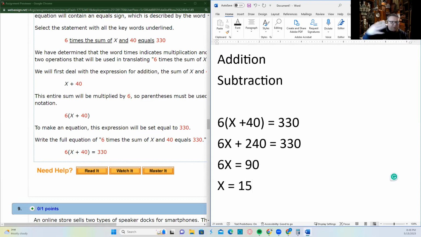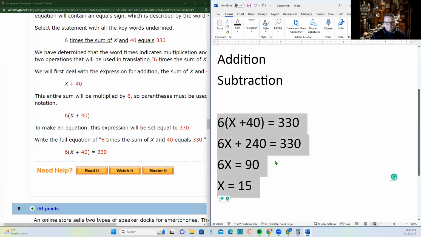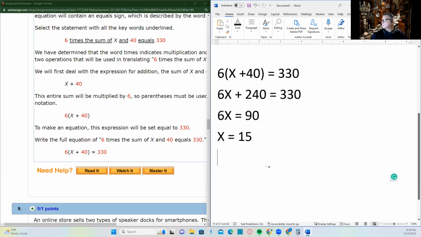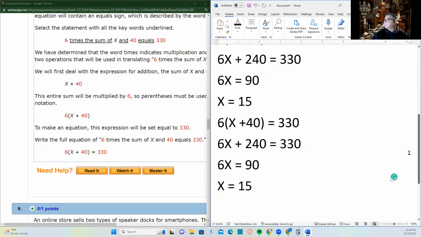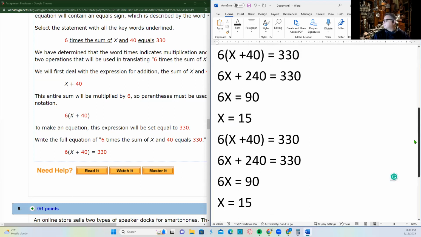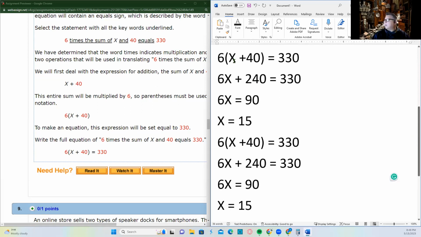Now, in order to check that, I go back to my original equation, which I just copied right here. And wherever I see an x, I put in a 15.